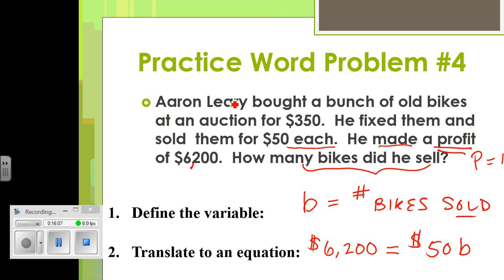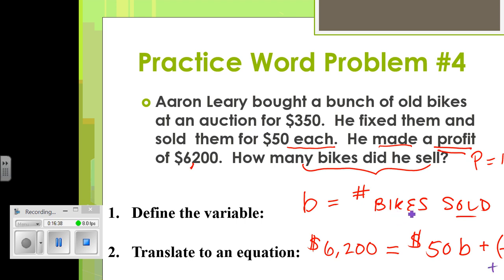But we're going to have to subtract the 350, or actually, let's do this a different way, plus negative 350. And hopefully you recognize that the $350 is his expense. That was his investment into this business deal. Sorry, I keep getting jammed up. It's late in the day.